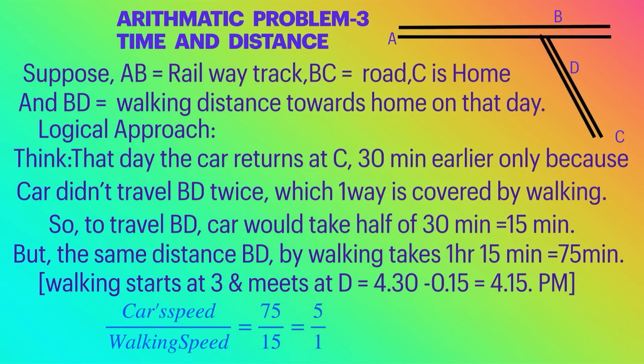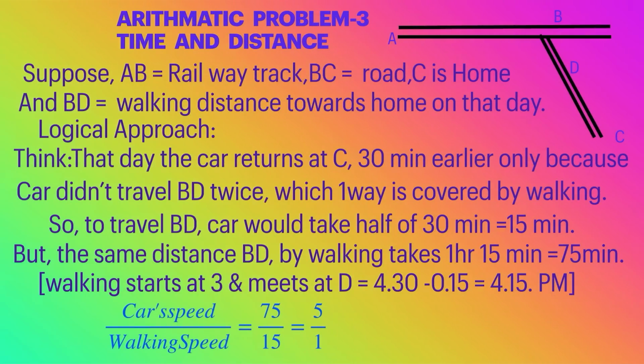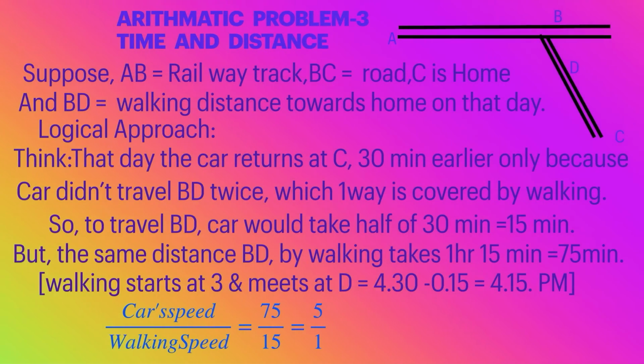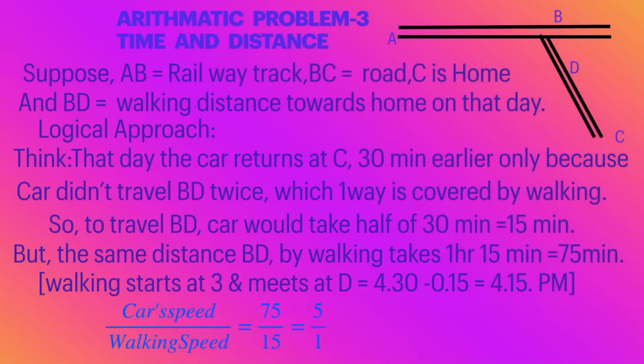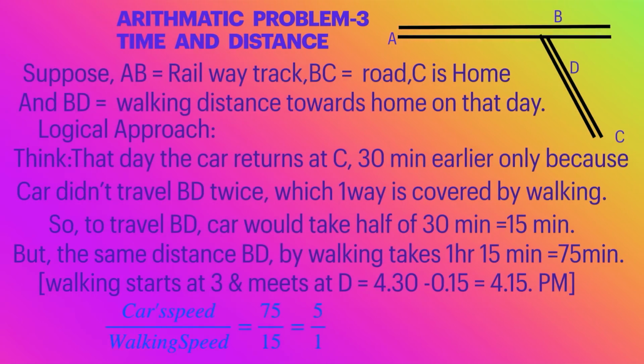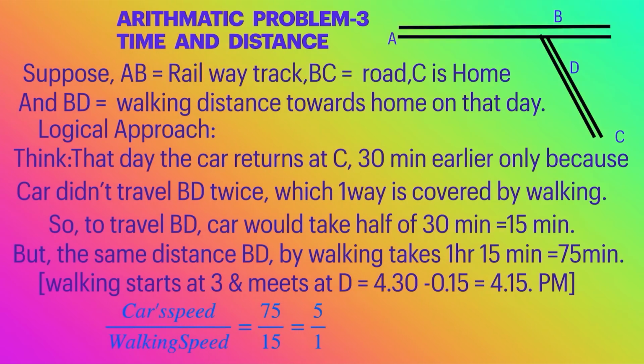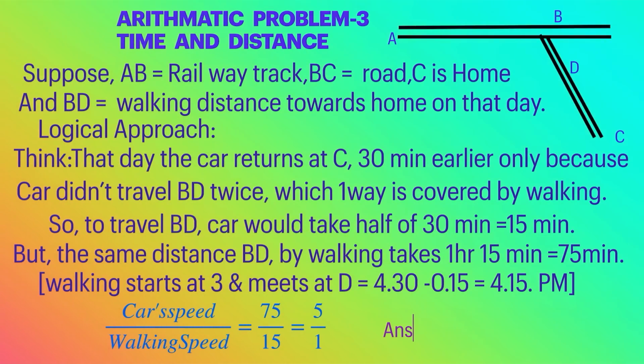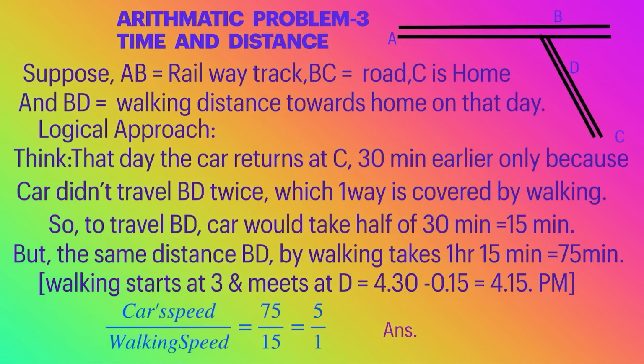So car speed by walking speed equals walking time by car's time. So 75 divided by 15, that is equal to 5 by 1. So the ratio will be 5:1. The car speed to walking speed is 5:1.